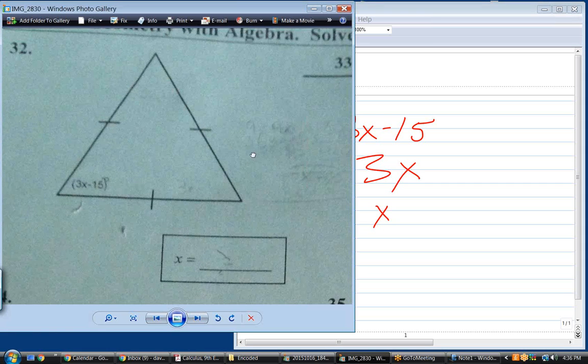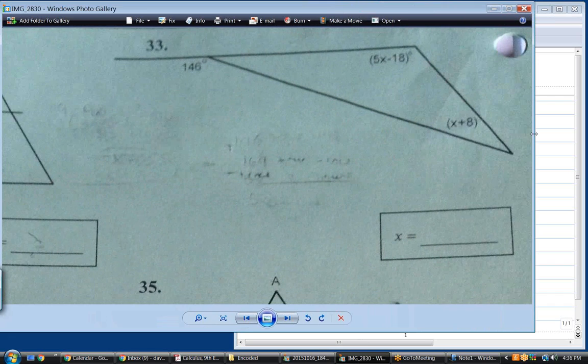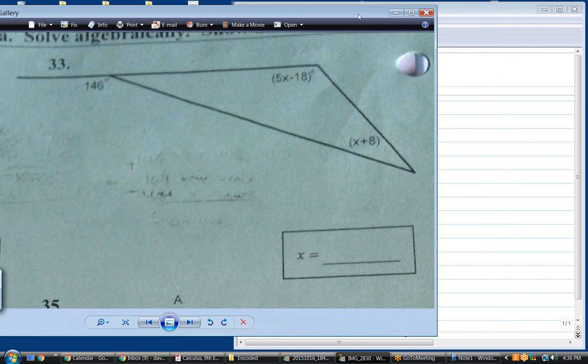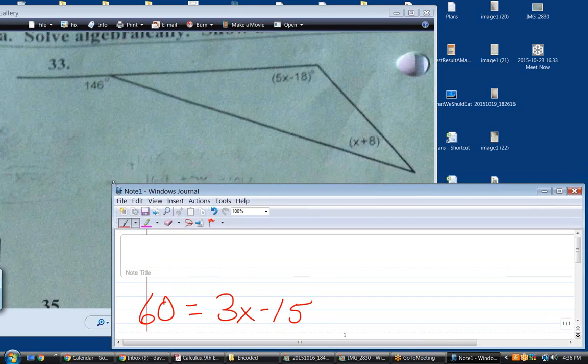Okay, with this one, what equation can we write?